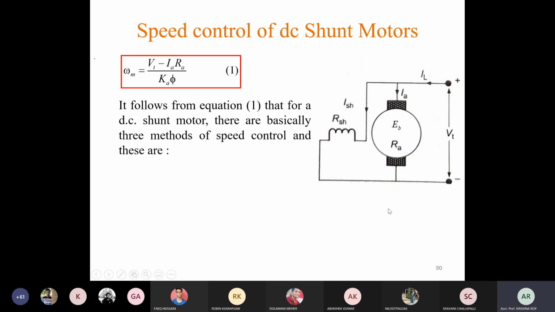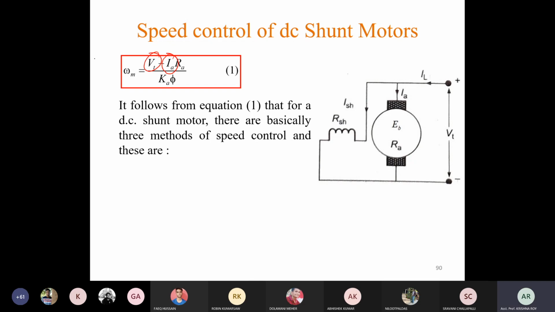Now if we observe this equation very carefully, then we can see there are three variables. Vt, the terminal voltage, that we can vary to change the speed when Ia and phi remain constant. Next we can change the armature current keeping Vt and phi constant.